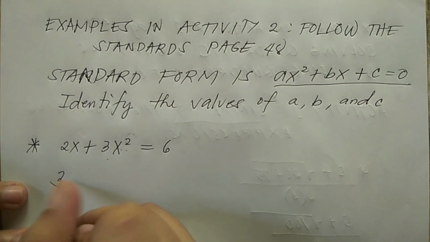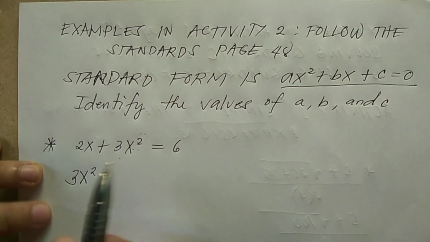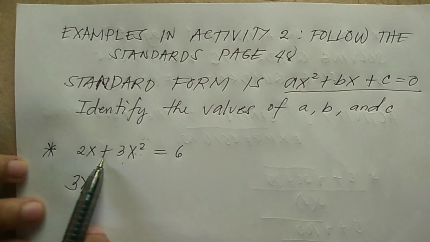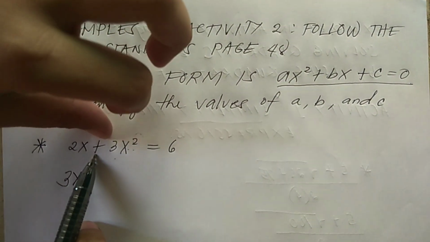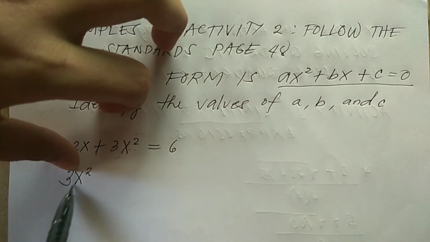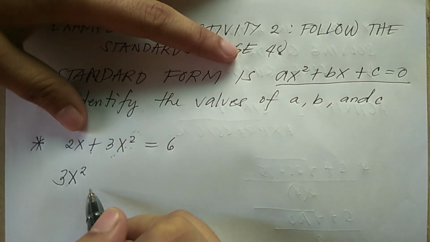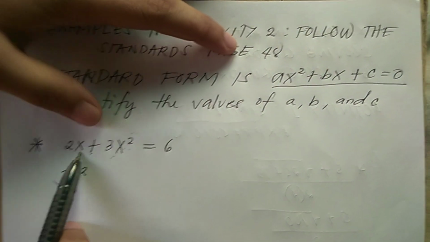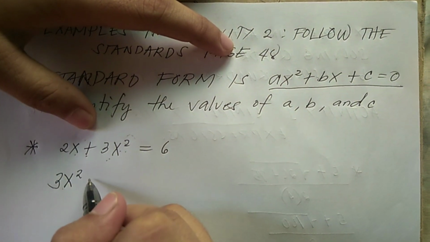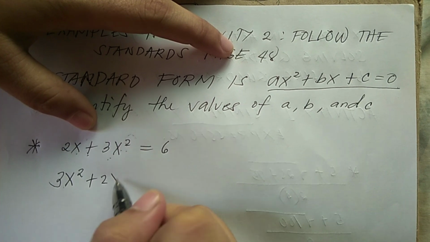So, we write 3x squared. Since it is addition, then it is positive. And then next, the linear term, the one with the variable x but whose exponent is only 1. Plus 2x.